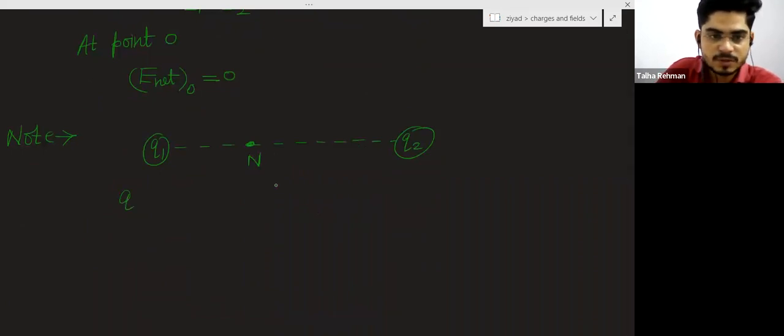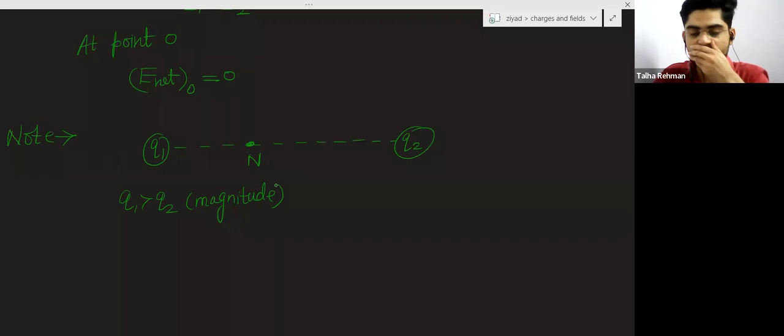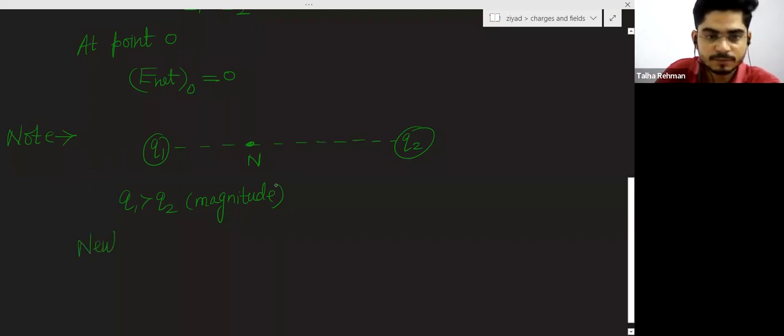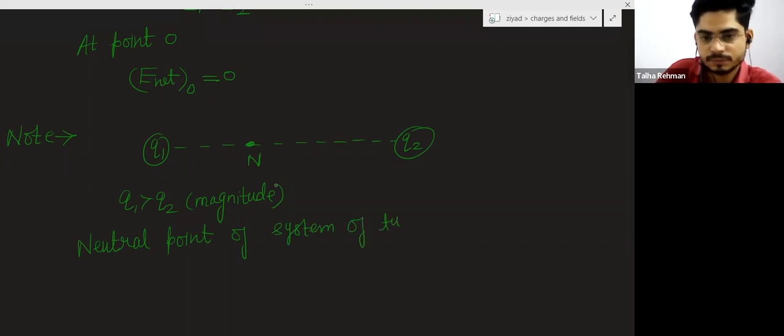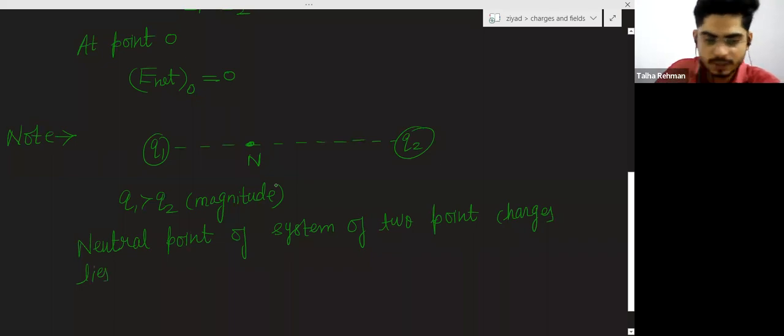If Q1 is greater than Q2 in magnitude, for example Q1 is 5 coulomb and Q2 is 3 coulomb, then you can say that the neutral point of a system of two point charges lies near the smaller charge.